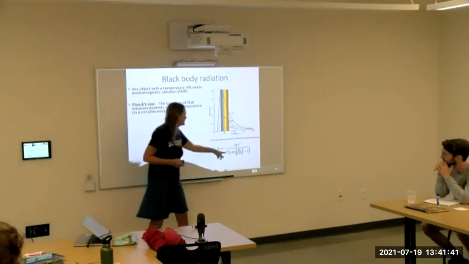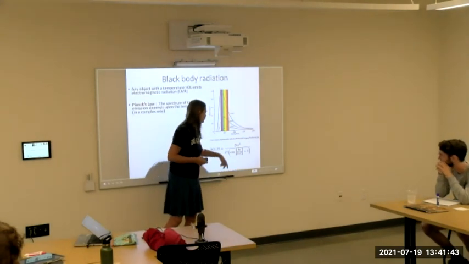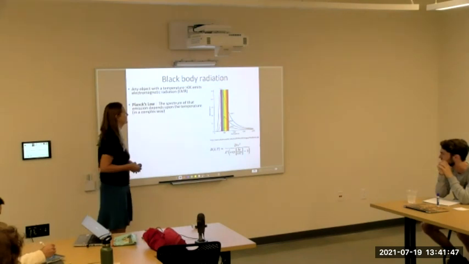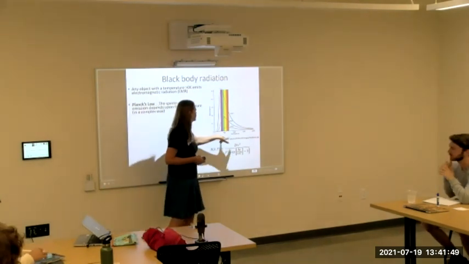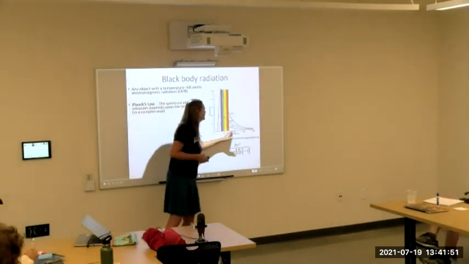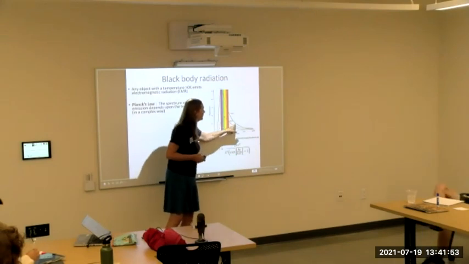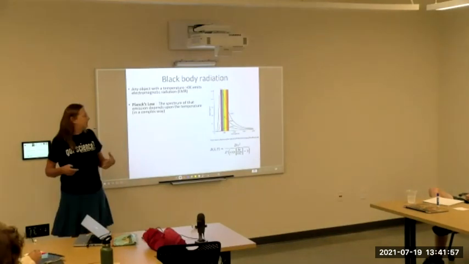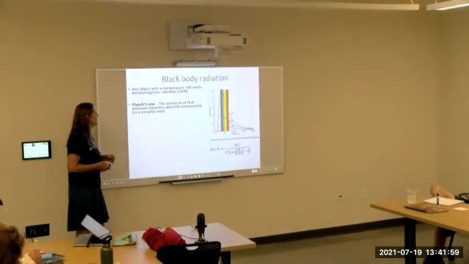You can see temperature, you can see wavelength, you can see Planck's constant. You can program that for any temperature. This diagram is showing where the visible light is in the spectrum, and each curve is the emission spectrum for objects of different temperatures.